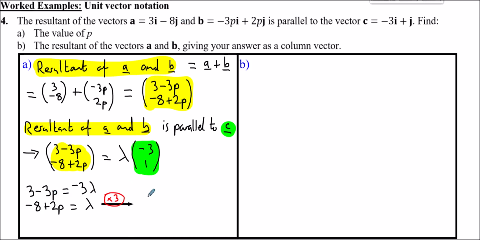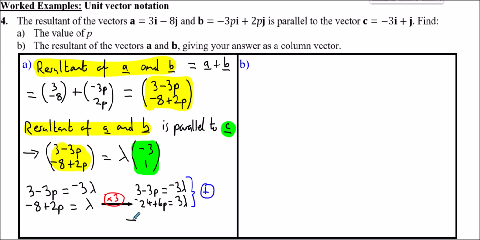So if we leave this one as it is, we have 3 minus 3p equals minus 3 lambda. The bottom, if you multiply everything by 3, is going to become minus 24 plus 6p equals 3 lambda. We can now add these two together.